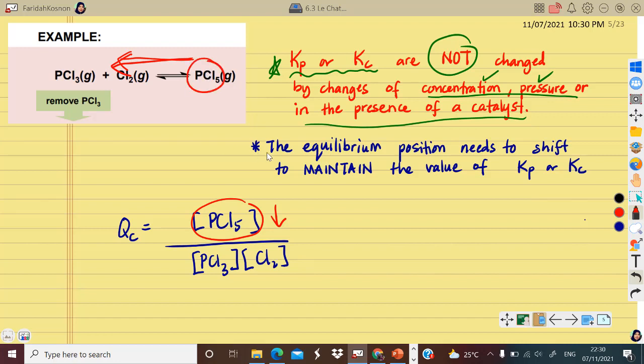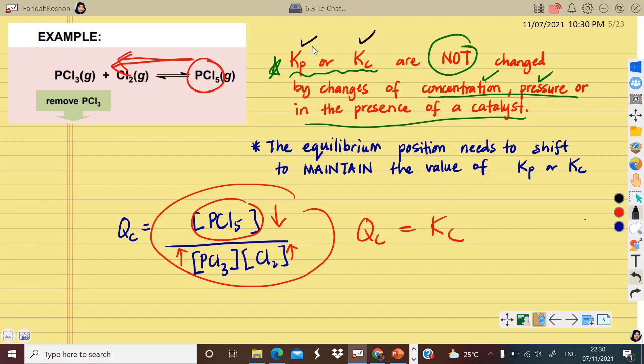Jadi concentration PCl5 akan berkurang and the denominator will increase. So ini berlaku pada masa yang sama sampailah QC equals Kc. So that's why nilai Kc atau Kp remain the same kalau kita ganggu sistem itu dengan faktor concentration, pressure ataupun the effect of a catalyst.